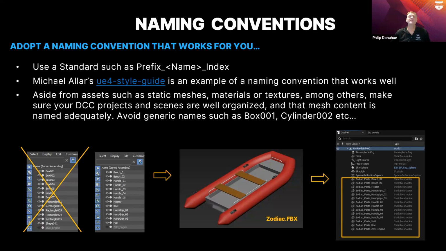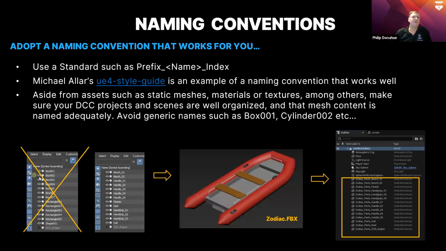And so here's an example of this zodiac graph that we're going to be working with in a moment. Say you're working with the DCC and you start creating your modeling, you're bringing in primitives.